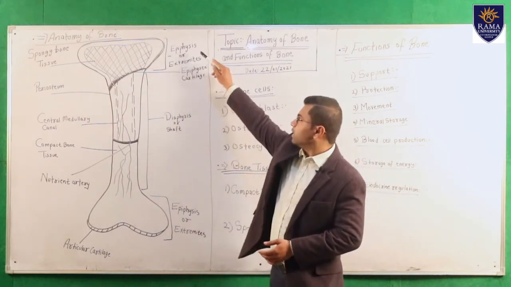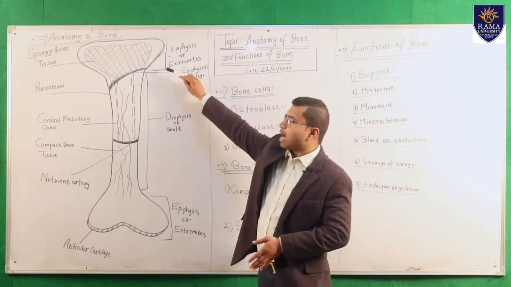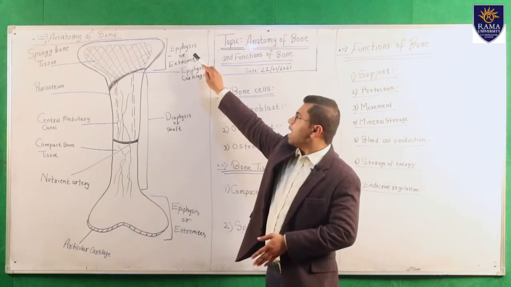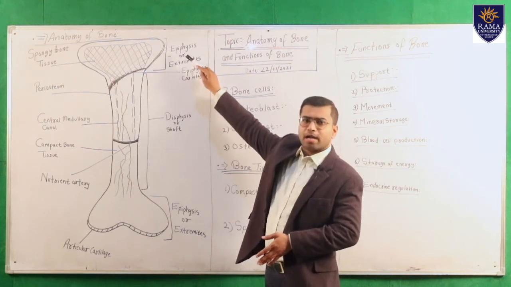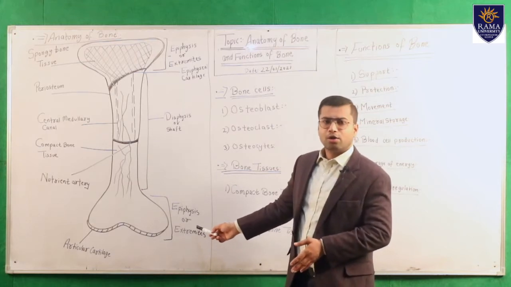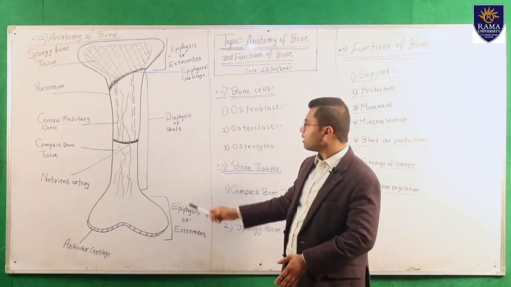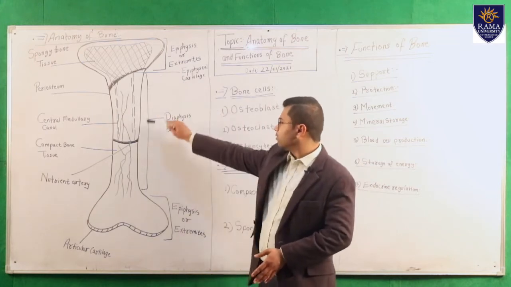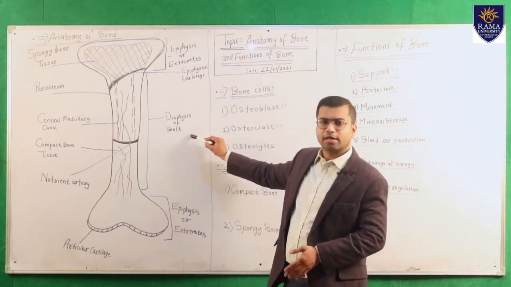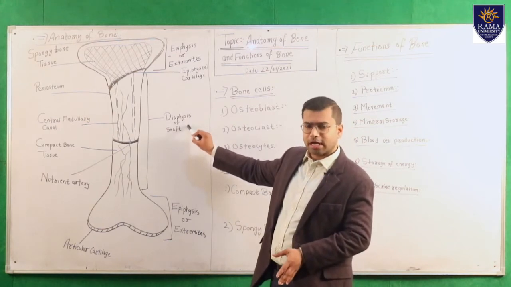It is the upper portion, so we can say upper epiphysis or upper extremity. This is the lower portion, so we can say lower epiphysis or lower extremity. Then the middle part is known as diaphysis, also known as shaft.